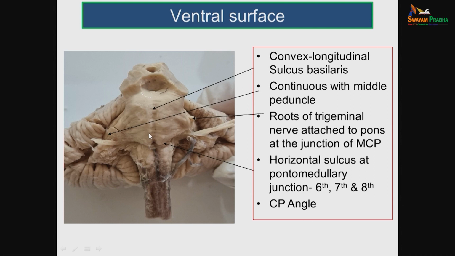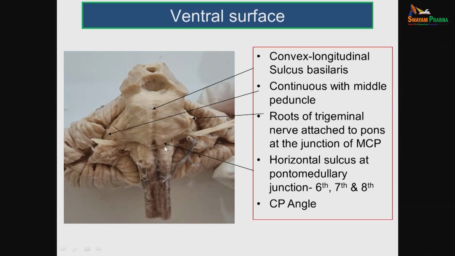This pontomedullary junction lodges the cranial nerves: when you go from medial to lateral, you have the sixth, the abducent nerve, then the facial, then the vestibulocochlear nerve. So, from medial to lateral, the sixth, seventh and eighth cranial nerves are attached at this pontomedullary junction.